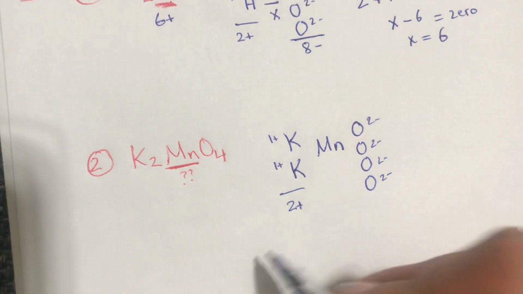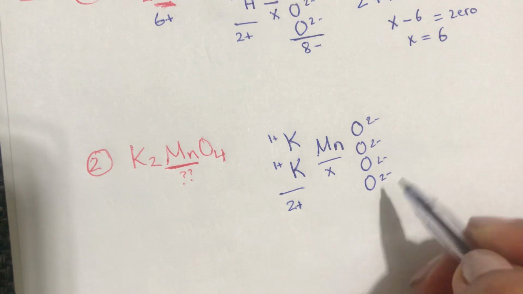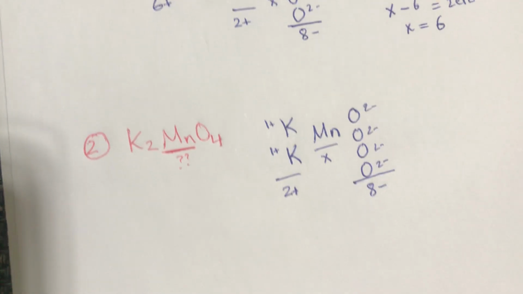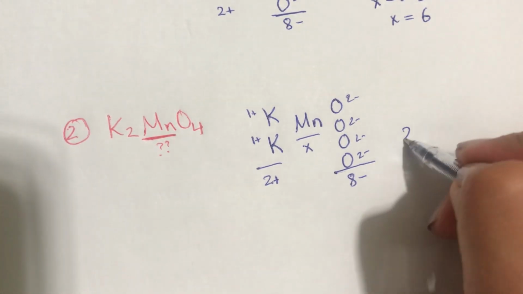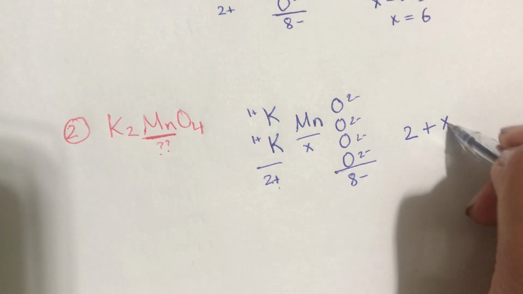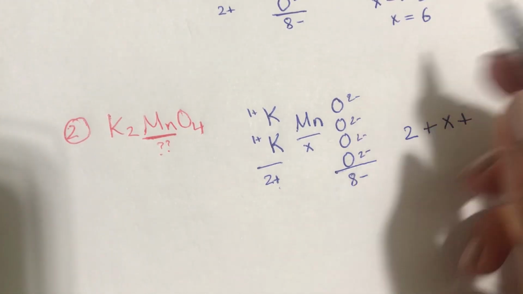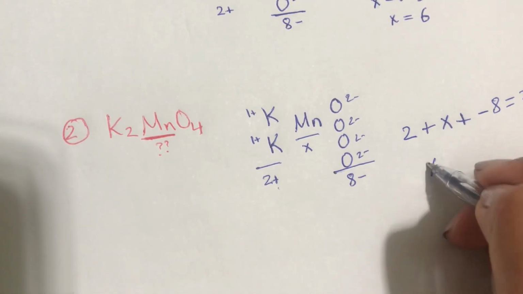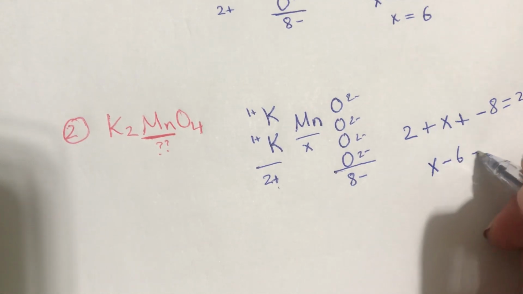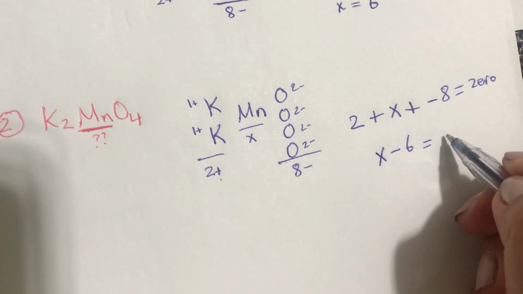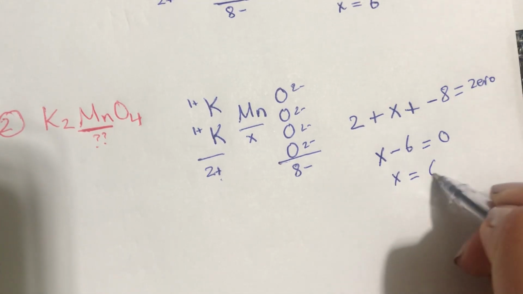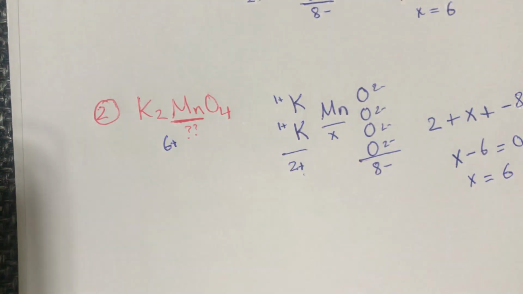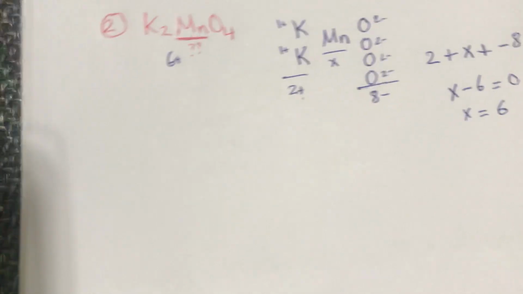So here positive 2, and here unknown, you have to calculate it, and here the total is negative 8. It's a neutral compound, so the total equals 0. So when you add 2 to the oxidation number of manganese to the oxidation number of oxygen, it equals 0. So 2 minus 8 plus x equals 0. So x equals 6. So here the oxidation number is positive 6. Example 3.